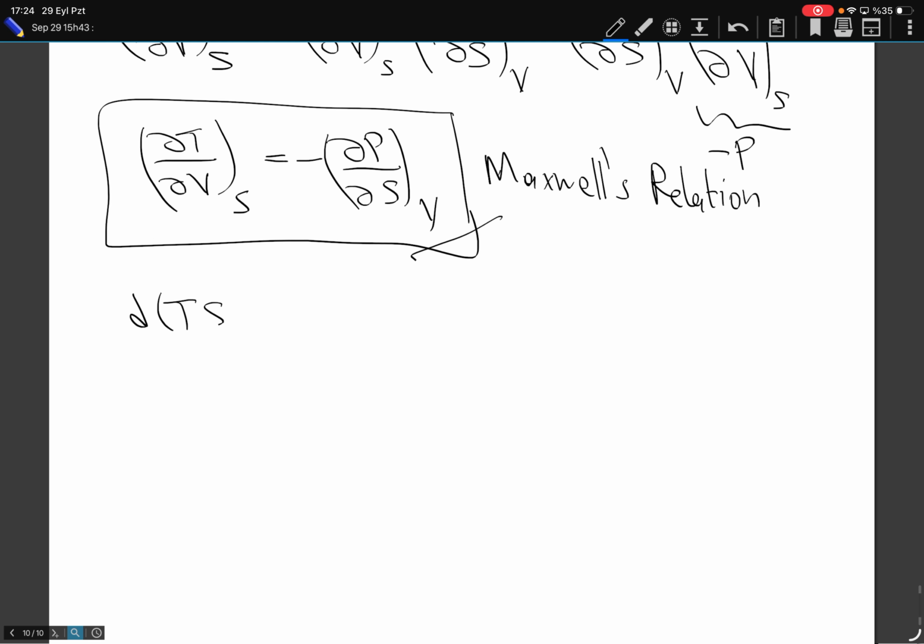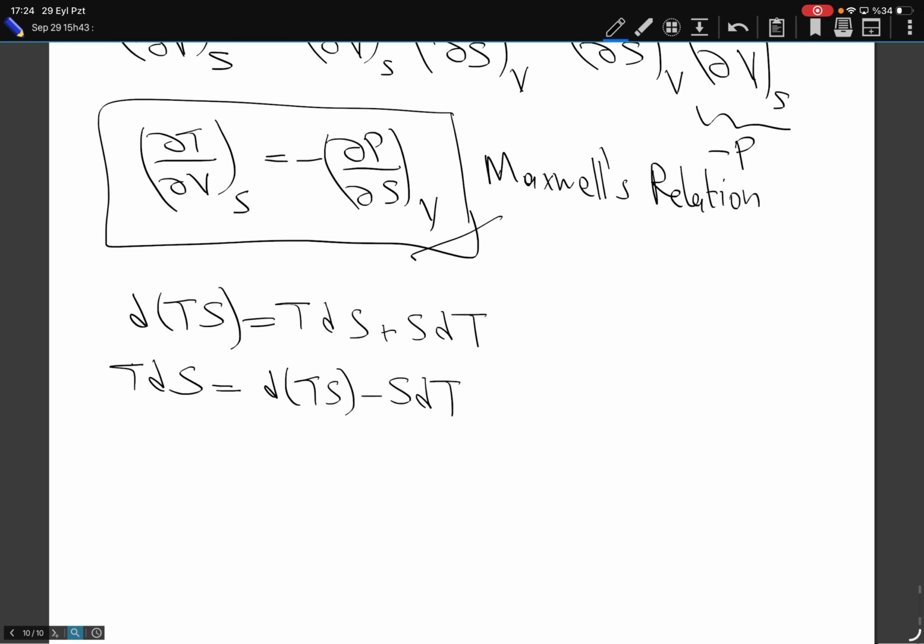Well, I can use a mathematical trick. Let's look at the differential of TS. This is TdS plus SdT, but that means TdS is actually the differential of TS minus SdT. Why will this be useful? Well, dU is, remember, TdS minus PdV. But TdS is the differential of TS minus SdT.